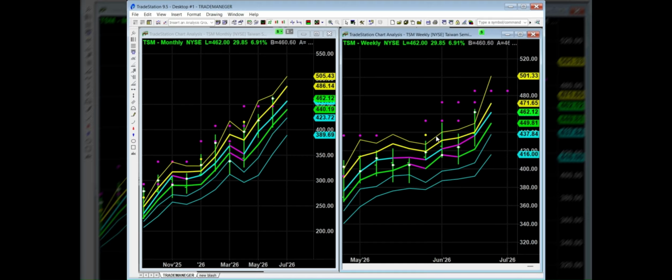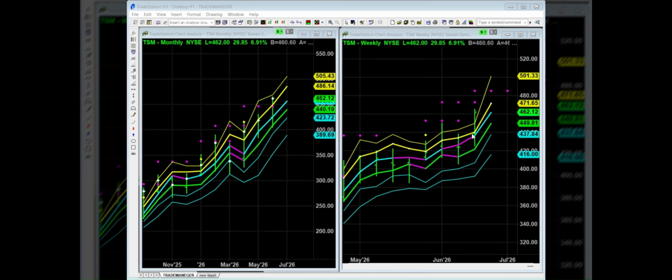So next week, it is expected that it may open high around this yellow trend line around $471. So it's exactly around this red dot, and then it is expected to have a pullback.